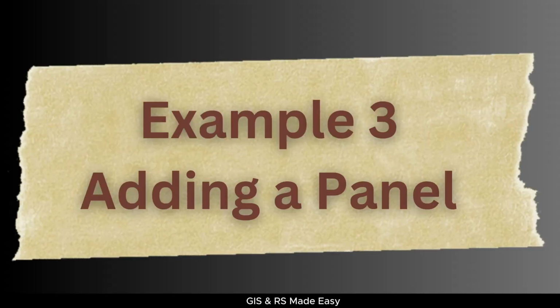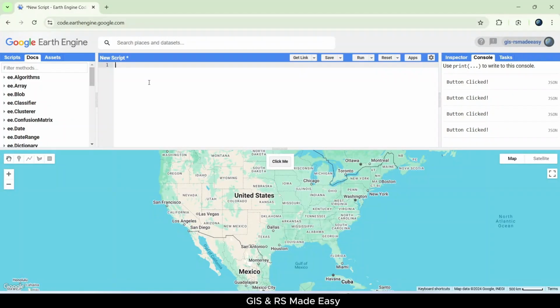Let's add a panel. First, let's make the variable for the panel. Within the panel, we will make two widgets. For that, we need to make a list.